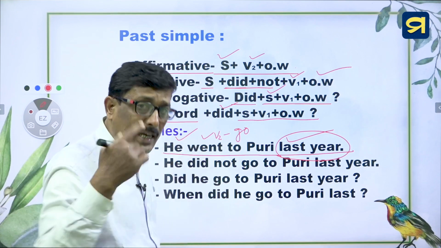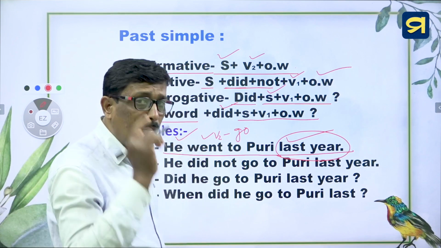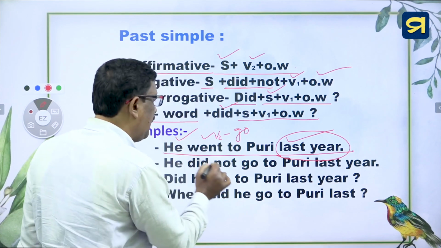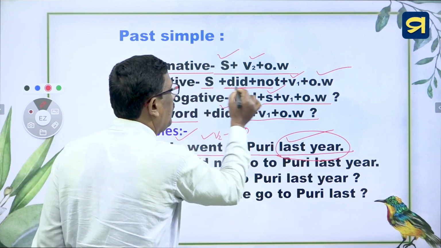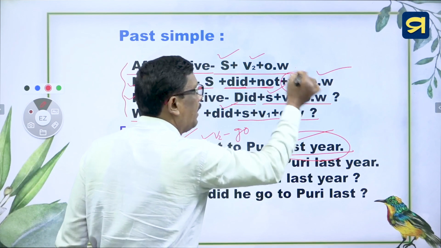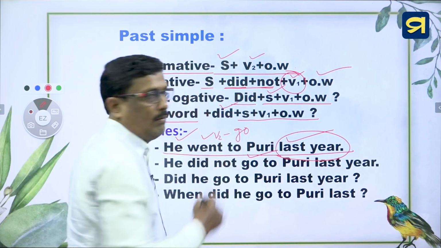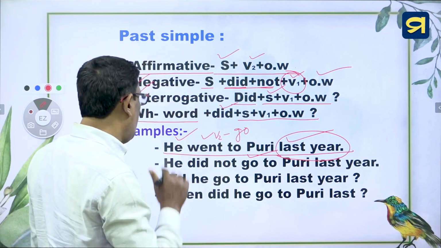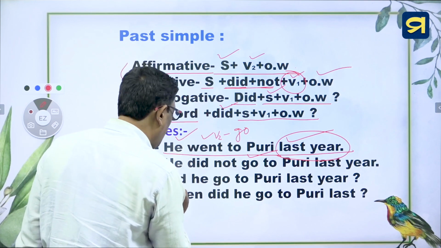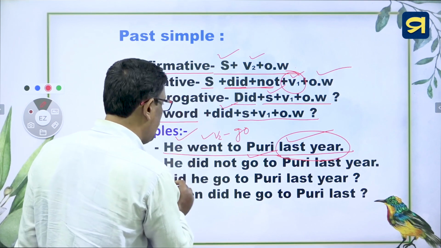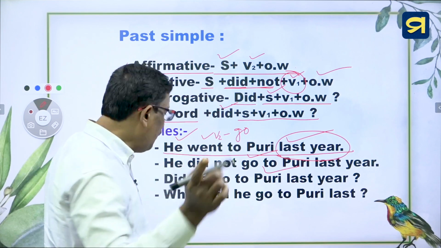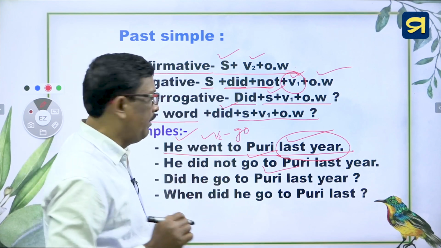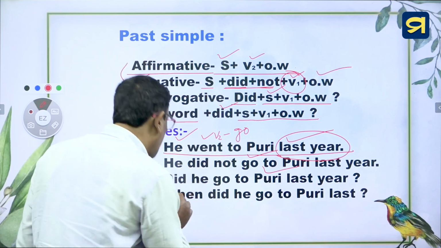And when we change the sentence into negative, how will we write? Good. He did not go to Puri last year. Here you see, subject followed by did, then not, then V1. That's why go is the V1 form. For yes-no interrogative, we write the same sentence: Did he go to Puri last year? And for WH interrogative, we have to use a WH word.